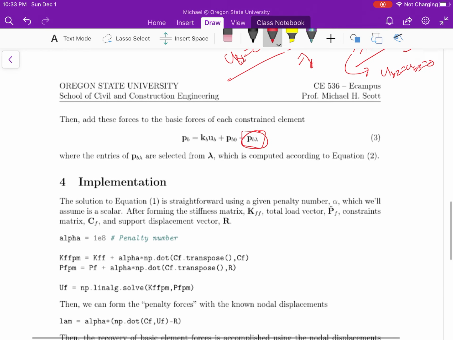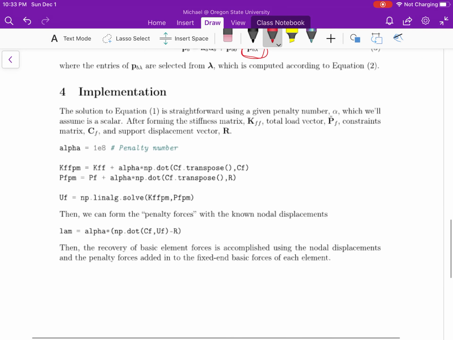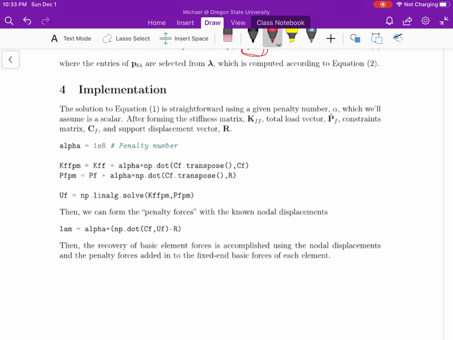So in terms of the implementation, to solve equation 1, we need to specify a penalty number, alpha, just say like 10 to the 8th, and we'll look at what that penalty number should be in later examples.